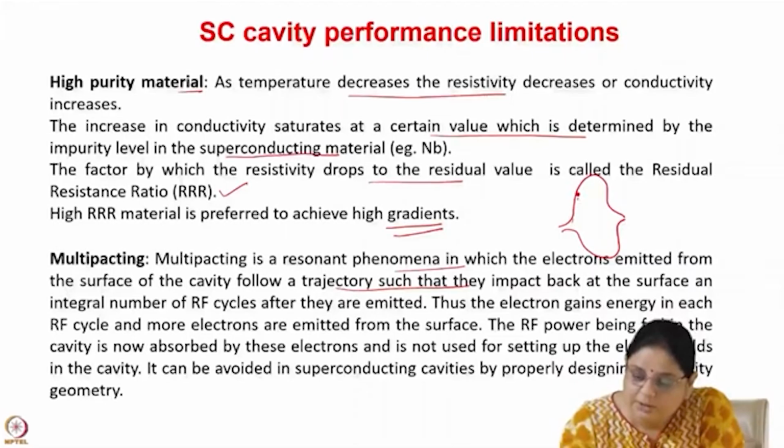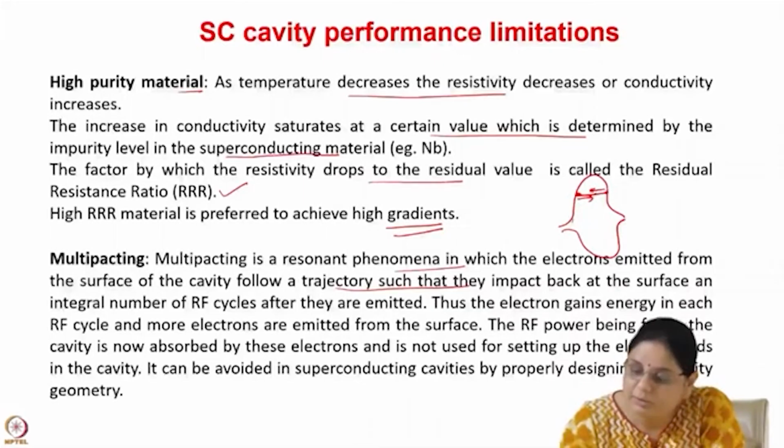This electron sees an electric field like this, so it gets accelerated and impinges on this point here, and at that time the field changes sign. So again it sees the field in the right direction to get accelerated, and then comes back and hits on the same point, and so on.